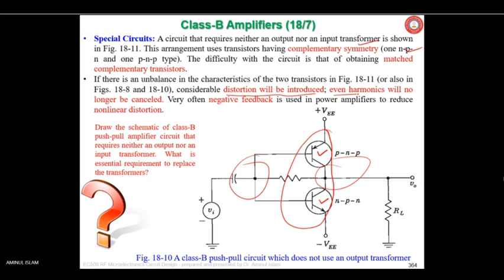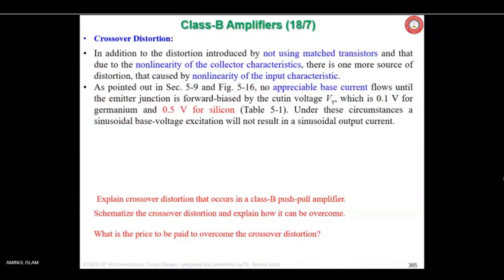Even harmonics will no longer be cancelled. Negative feedback is used in power amplifiers to reduce nonlinear distortion. So using this kind of transformer-less amplifier is possible only if matched PNP and NPN transistors are available.